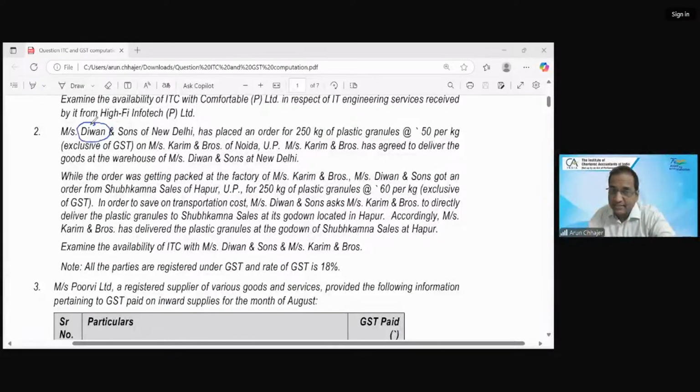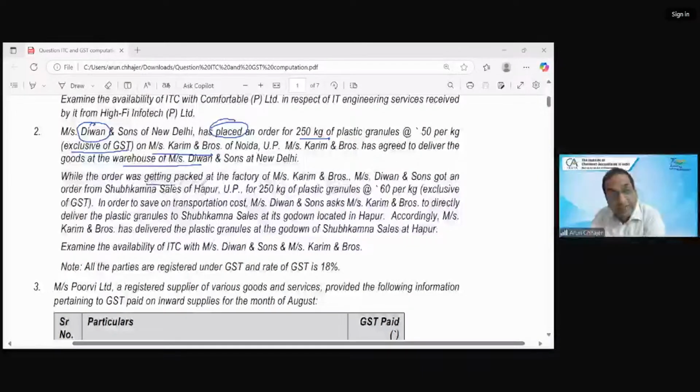Messrs. Diwan and Sons has placed an order of 250 kg of plastic granules, 50 rupees per kg, exclusive of the GST, on Messrs. Karim and Bro of Noida. Karim has agreed to deliver the goods at the warehouse of Diwan, New Delhi.